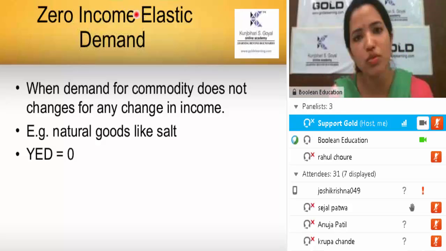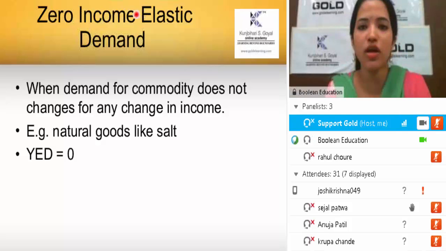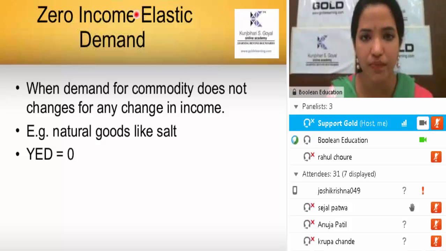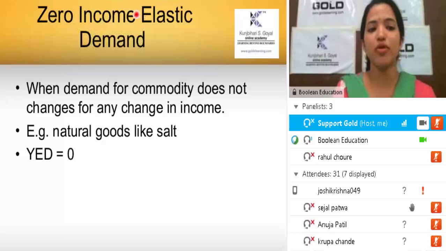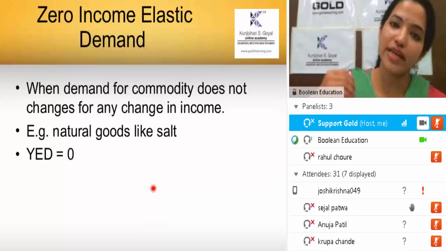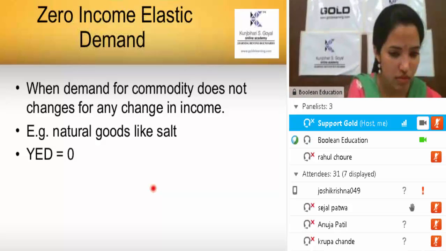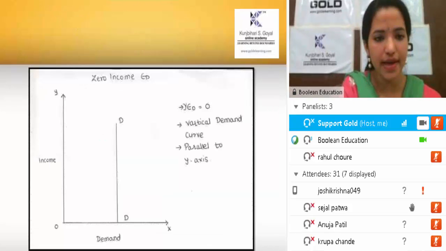Very poor people, do they consume less salt? No. Salt is a commodity that everyone needs in an equal amount, right? So this can be the example of zero income elasticity. Whether income increases or decreases, your demand for a commodity like salt is not changing.